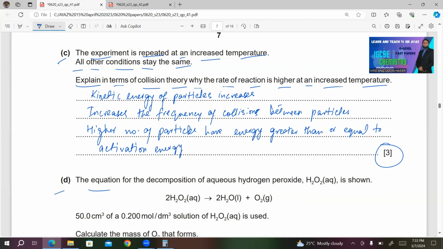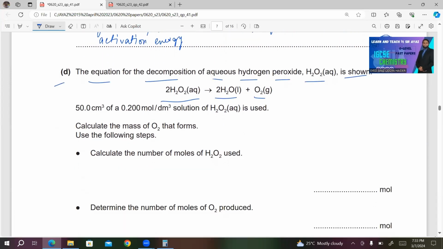D, the equation for the decomposition of aqueous hydrogen peroxide H2O2 aqueous is shown. This is a reaction. 2H2O2 aqueous gives 2H2O liquid plus O2 gas. 50 centimeter cube of a 0.2 mole per dm cube solution of H2O2 aqueous is used. Calculate the mass of O2 that forms.